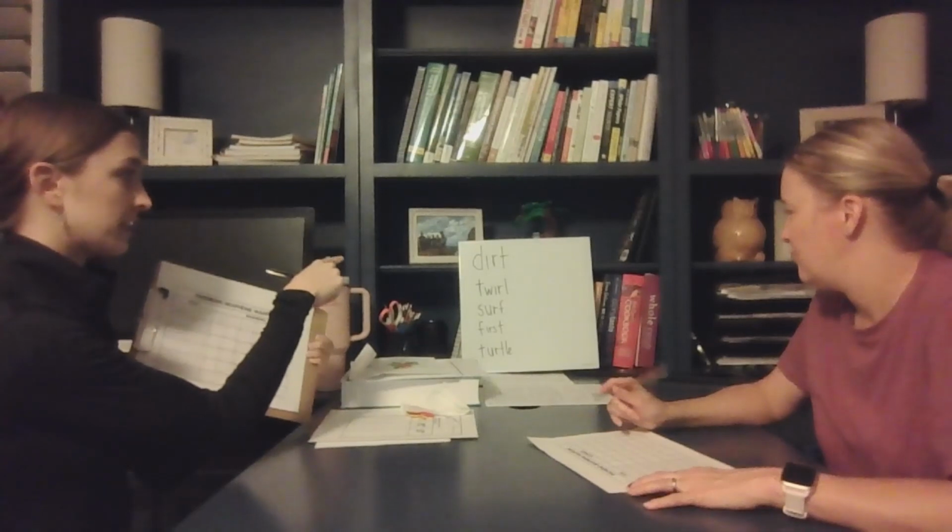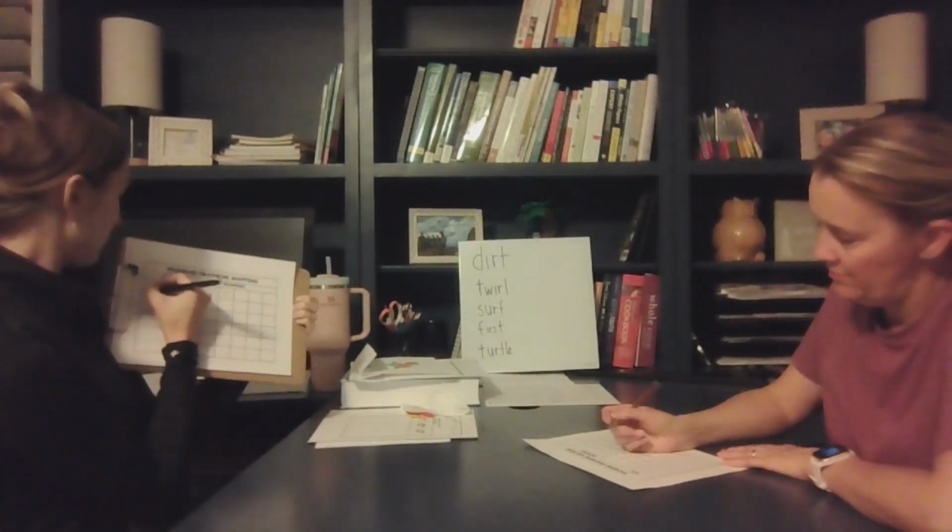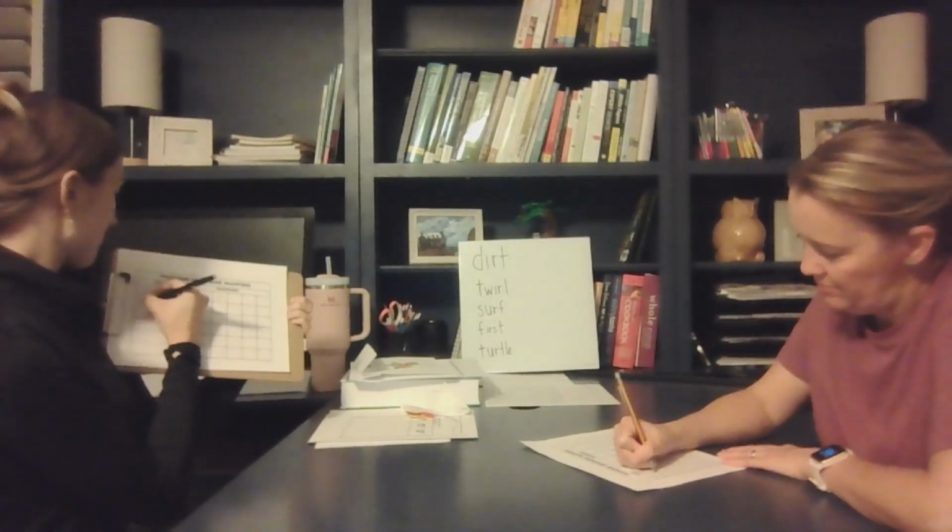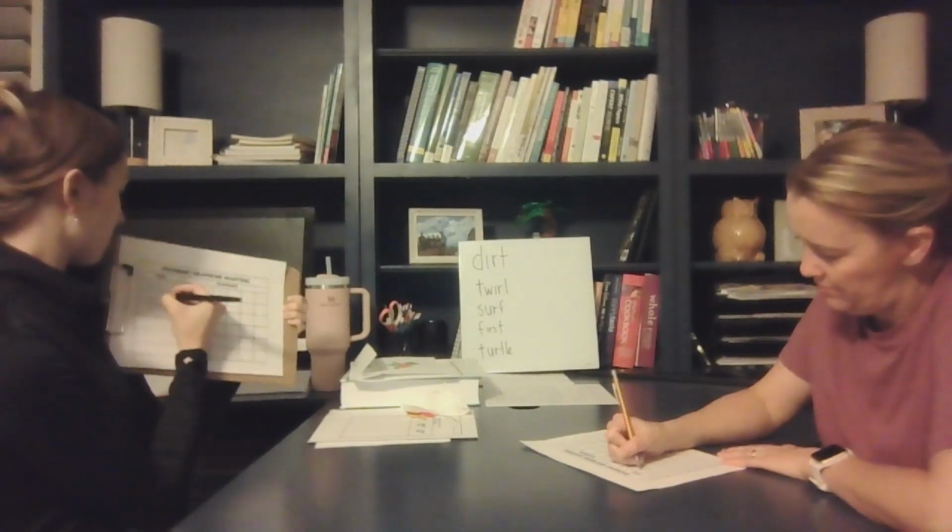Let's try one together. We're going to do the second word, twirl. So you can copy that down on your paper. Perfect. So before we do anything else, let's tap it out and figure out how many sounds we have.